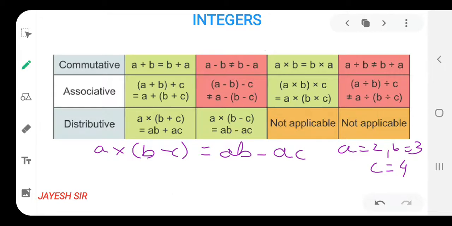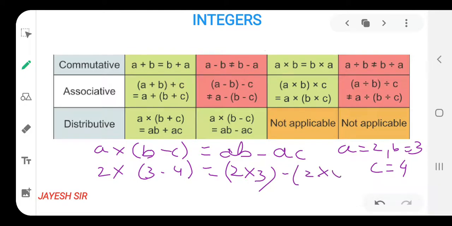Now we have to just put the values and see what answer we get. Now 3 minus 4, that means minus 1. 2 into minus 1. Similarly, 2 3s are 6 minus 2 4s are 8. Now 2 into minus 1, minus 2, and here 6 minus 8, that means minus 2.